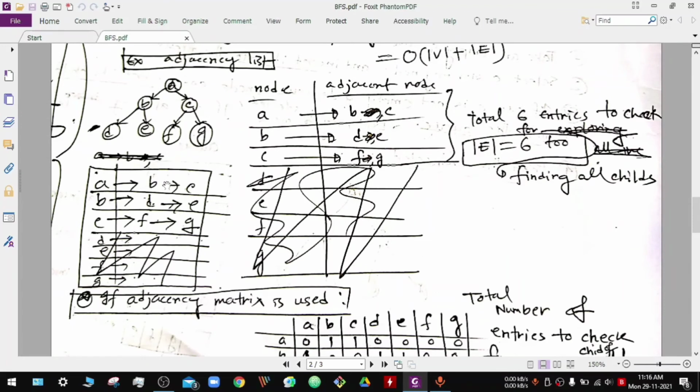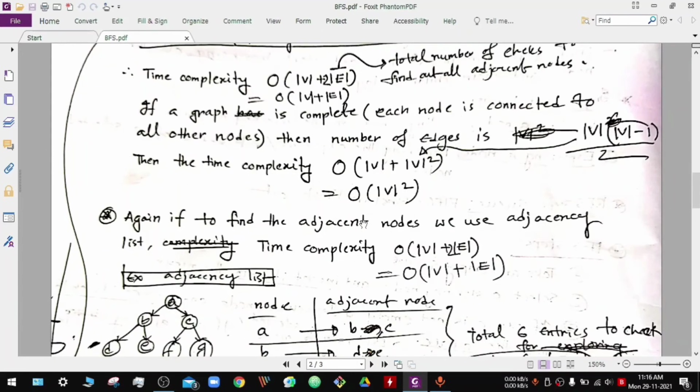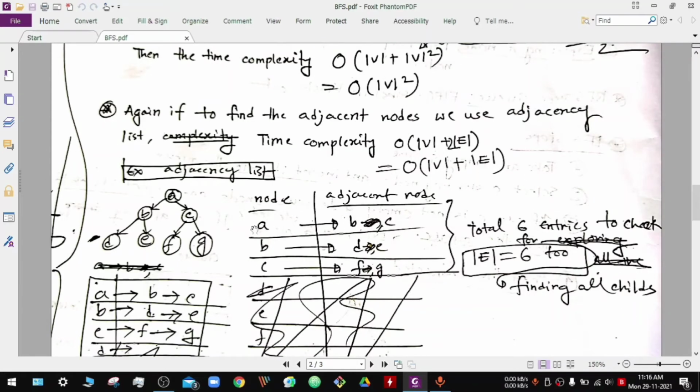But in the adjacency list, consider if the node A has two children B and C, so there are two edges, and you have to just store these two edges. But in the adjacency matrix, for A, you have to store all these entries here, as you can see. So the time complexity becomes higher if you use an adjacency matrix for storing the information about the edges.